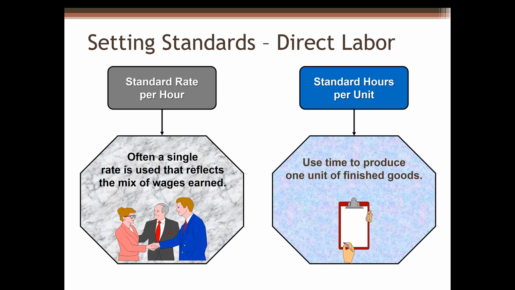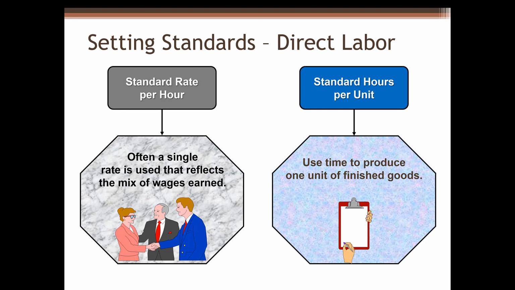Setting standards for direct labor. The standard rate per hour for direct labor includes not only wages earned, but also benefits and other labor costs. So many companies just prepare a single rate for all employees within a department, which reflects a mix of wage rates earned.